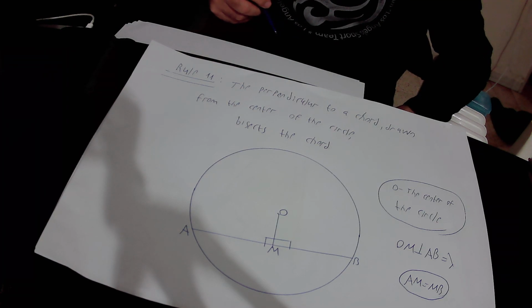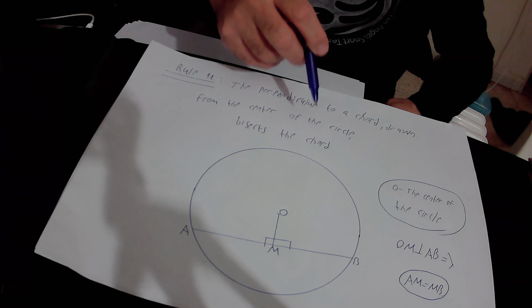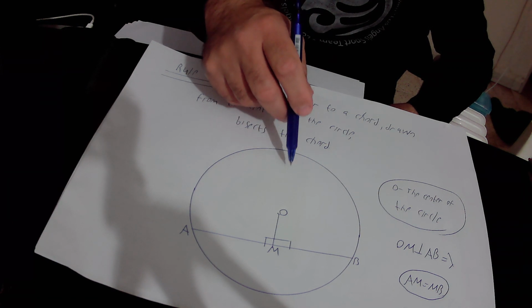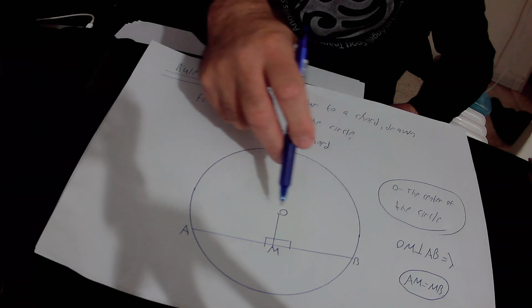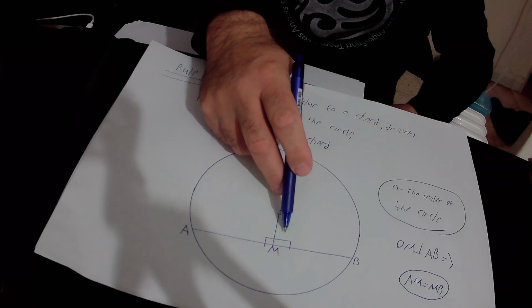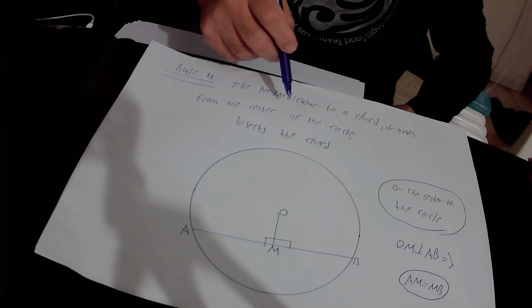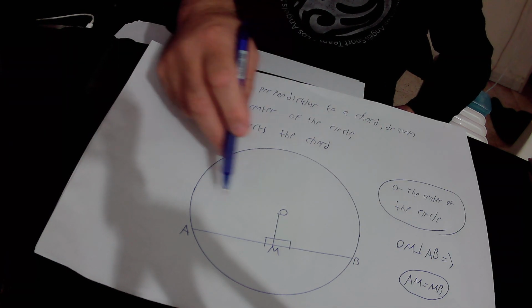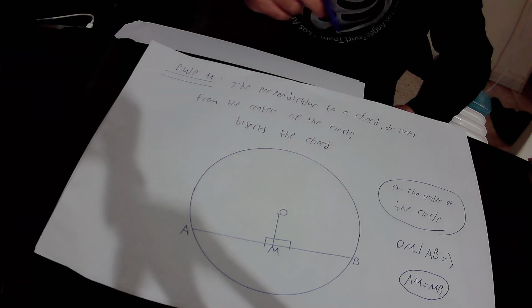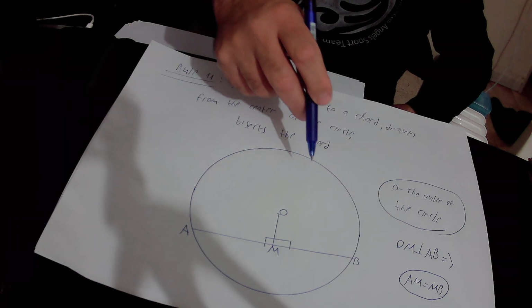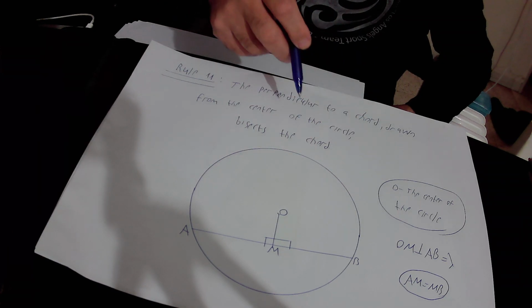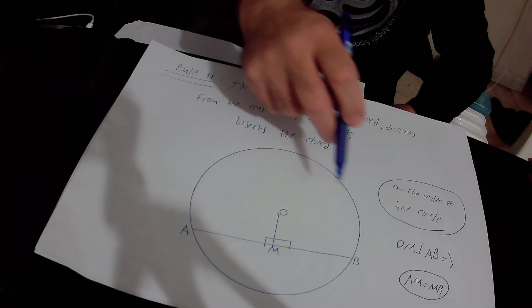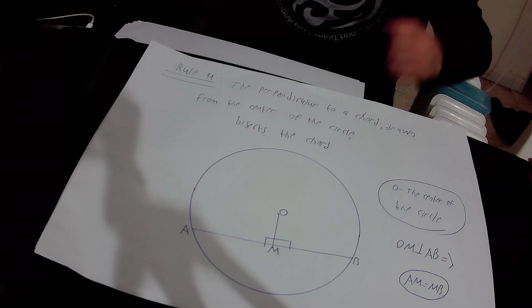And whenever we have from the center of the circle perpendicular OM to AB, then OM also will bisect chord AB. That is to say, AM equals MB.